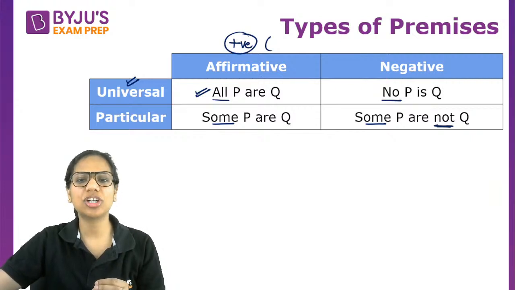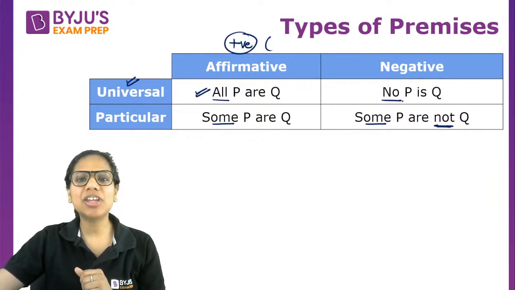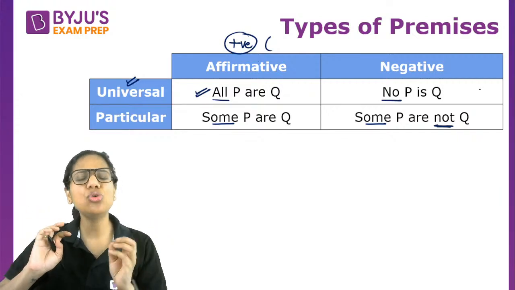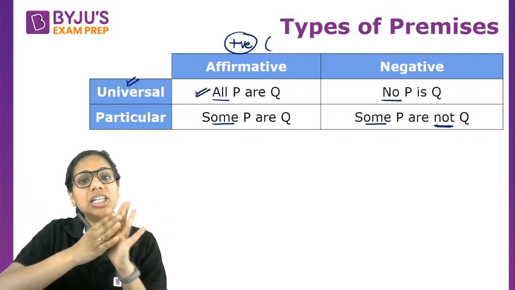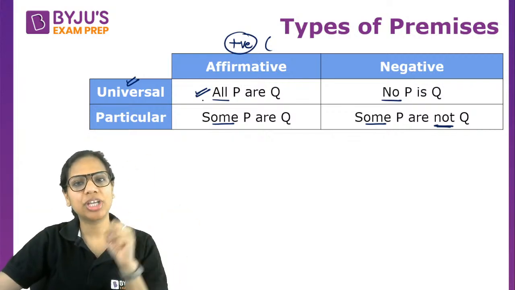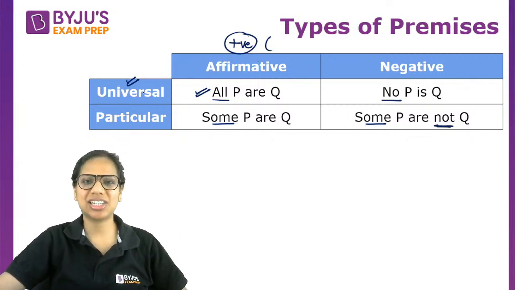There is no or not in these two statements, that is why they are affirmative, they are positive. Similarly, when I say no P is Q, if I say no tree is brown, that leaves out all the trees. When I say all, I'm including everything. When I say no, I am excluding everything. So again, it's a universal statement.